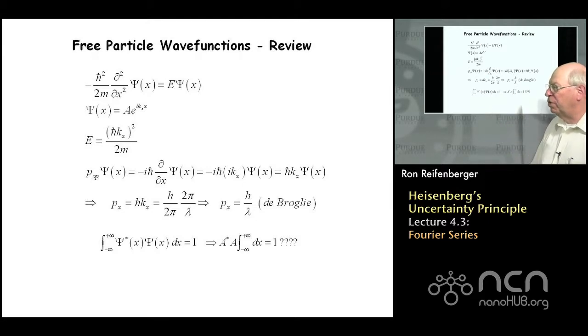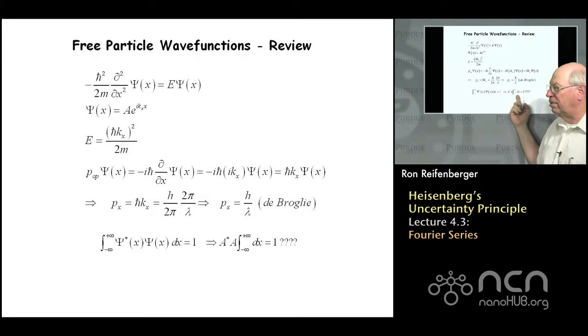For this particularly simple wave function, when you take e to the i k x and multiply it by its complex conjugate, the exponentials disappear. You're then left with the product of the complex conjugate of a times a, and this integral from minus infinity to infinity over dx, and you want that equal to 1.